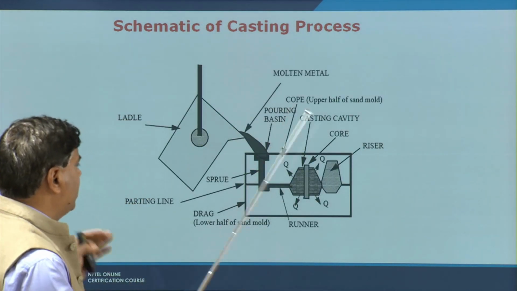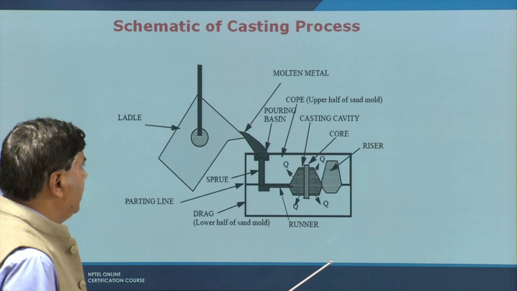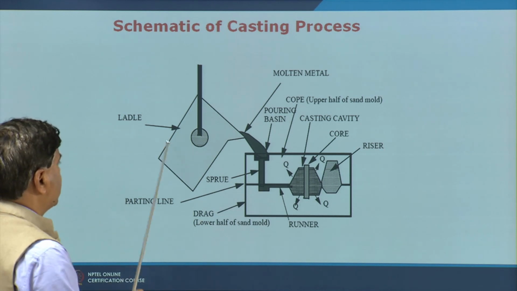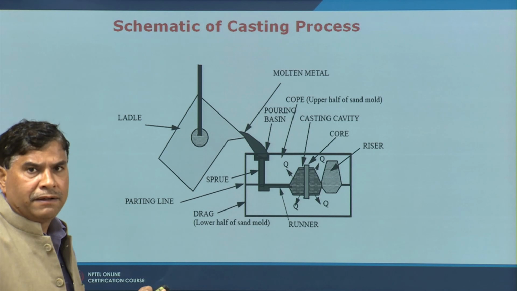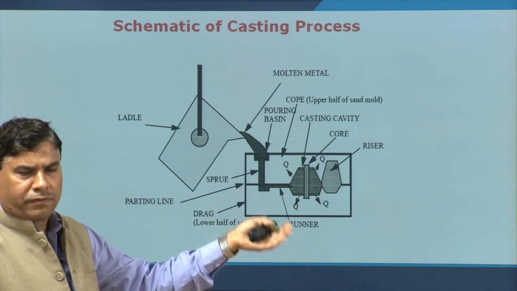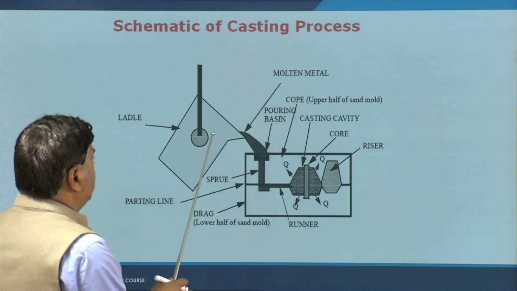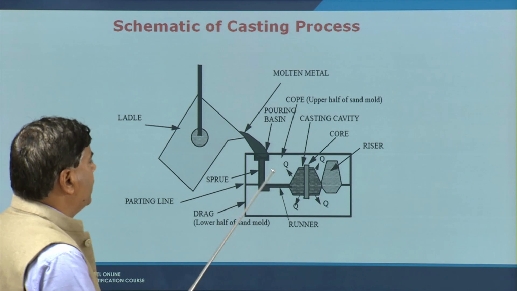This schematic shows, as a whole, the different components related with the casting process. This is the ladle, which is used for transporting the liquid metal from the furnace to the mold location, and then the liquid metal from the ladle is fed into the pouring basin.